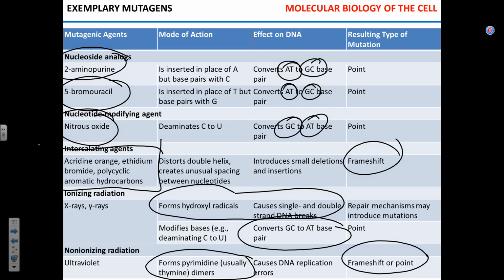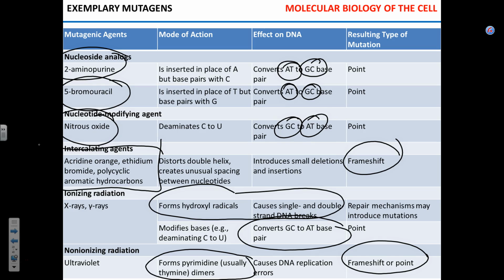Is that a frame shift or a point mutation? Point. So you have to be able to tell me that. Deletion of a nucleotide, or deletion of a pair. Is that a frame shift or a point? It's a frame shift. Does that make sense?